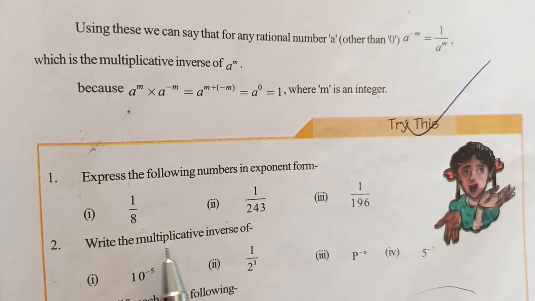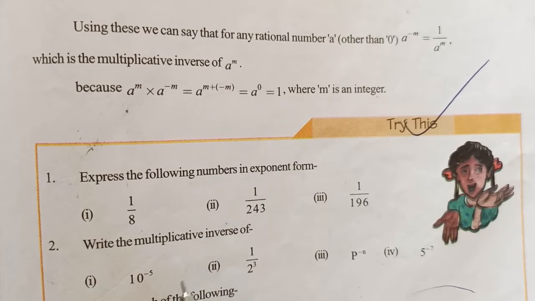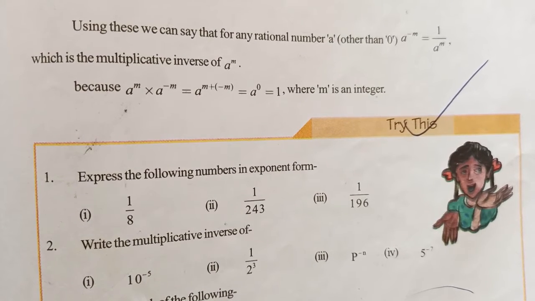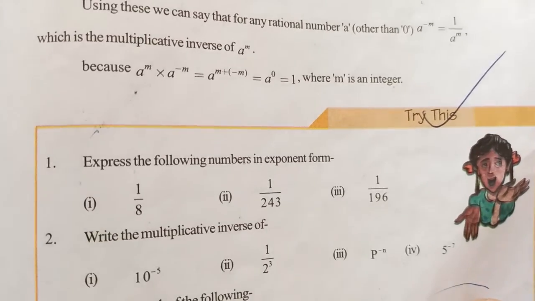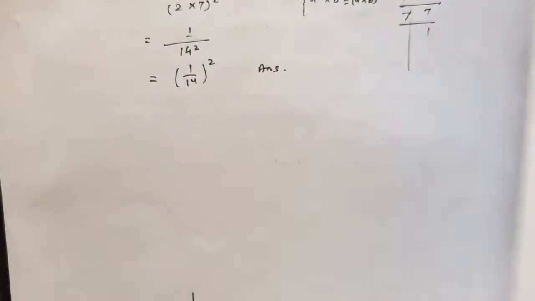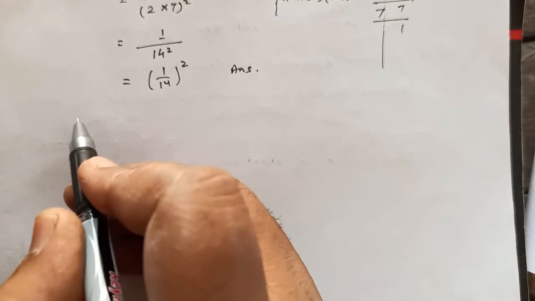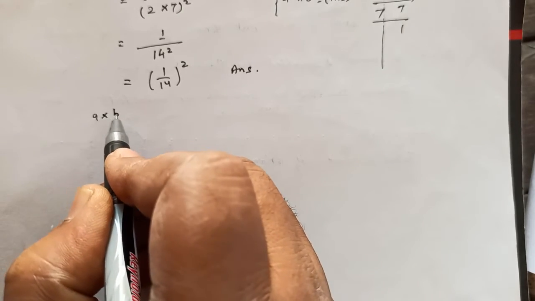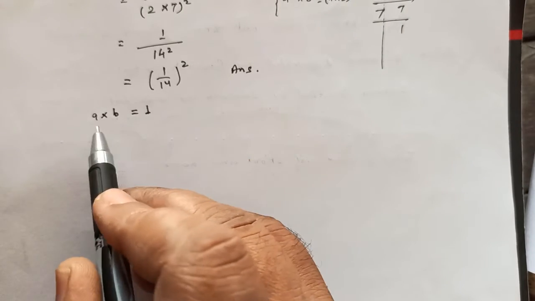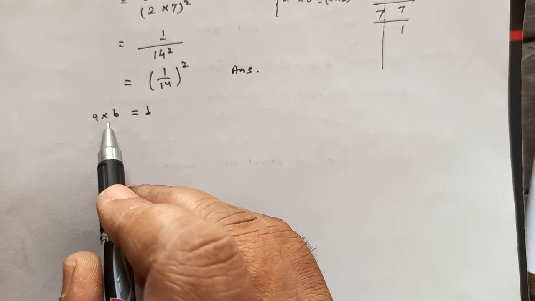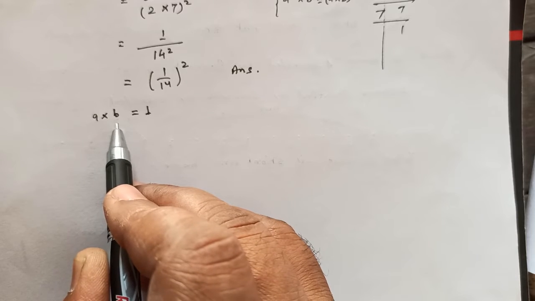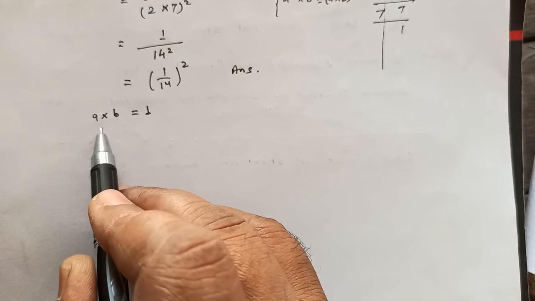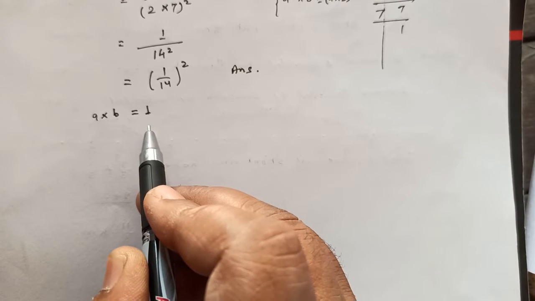Second, write the multiplicative inverse of 10 to the power minus 5. First, you should know what is the multiplicative inverse. If product of any two numbers is 1, then they are called multiplicative inverse of each other. That means multiplicative inverse of A is B and multiplicative inverse of B is A if their product is 1.